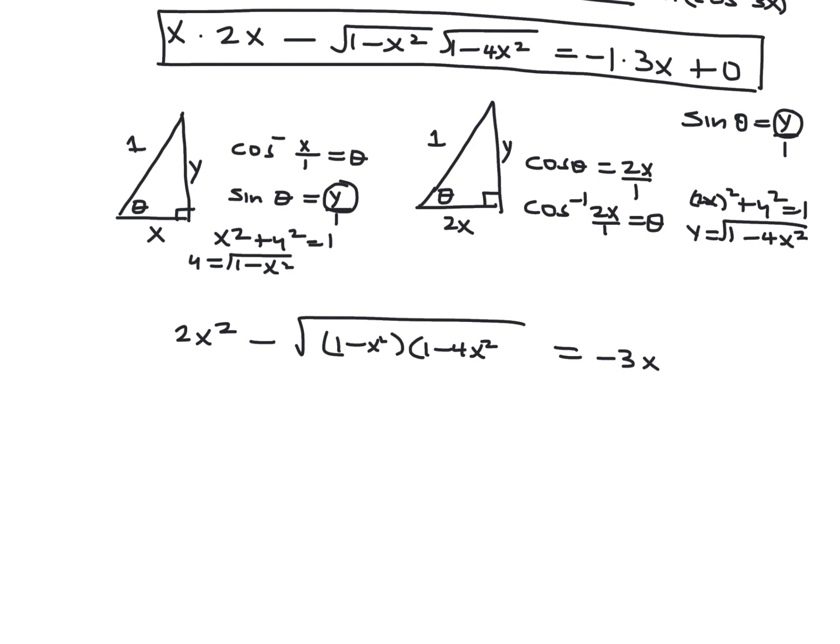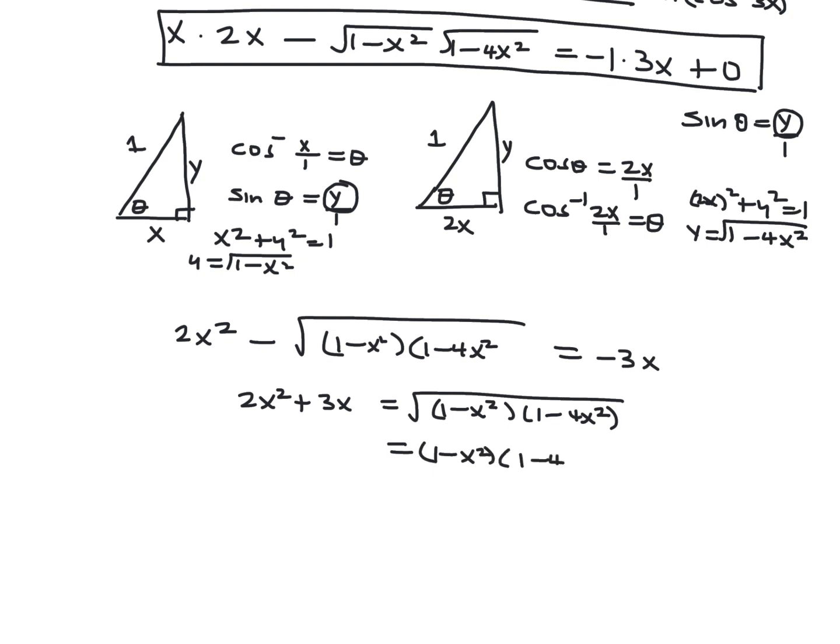So let's put everything on one side. So this will be 2x squared plus 3x, and that's going to be the square root of 1 minus x squared times 1 minus 4x squared. So let's square both sides to get rid of that root. And when we do, we get 1 minus x squared times 1 minus 4x squared.